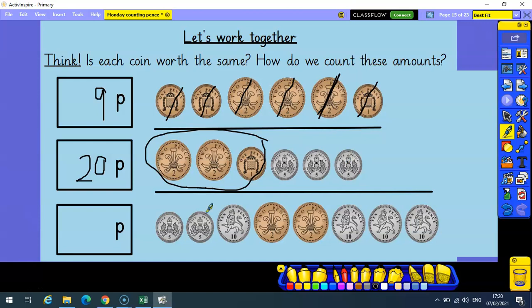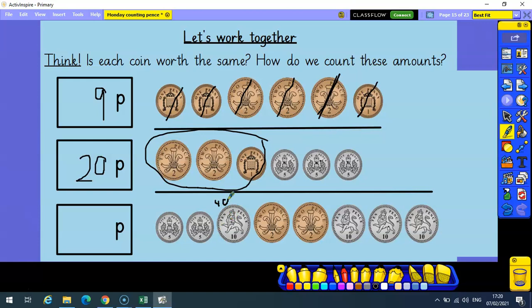Looking at this bottom row, which coin has the biggest value in this bottom row here? It's the 10p, isn't it? So this is easy. This is like counting in 10s and 1s, and we're used to doing that. 10, 20, 30, 40.